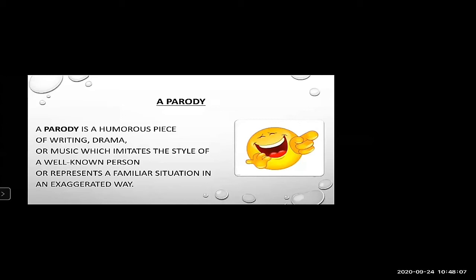So parody is written by some other poet and they imitate the style of writing of the original poet. They also add humor to this by using beautiful words and fantasies. There is a little bit of exaggeration also in this. Let's see the parody.